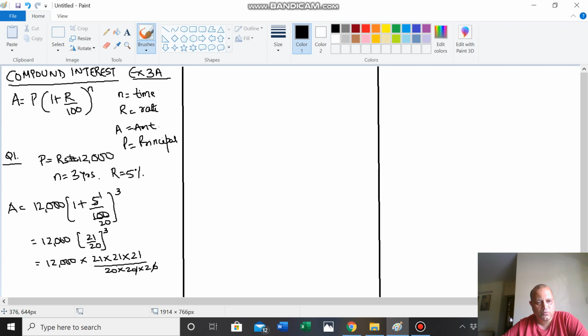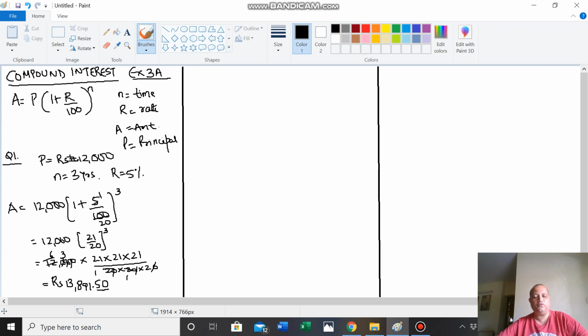0 goes, 0 goes, 0 goes, and these three zeros go. 2 1 2, 6 2 1 2 3. So that's 21 into 21 into 21 multiplied by 6. I have done this calculation already, and this amount is rupees 13,891.50.